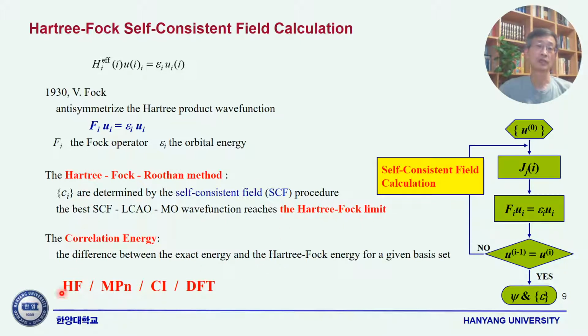So firstly, the basic, fundamental one is the Hartree-Fock method, which is the variational principle, and then MP2, MP3, MP4 are the Møller-Plesset perturbation methods. So perturbation improves the Hartree-Fock result. And also there is CI, configuration interaction.